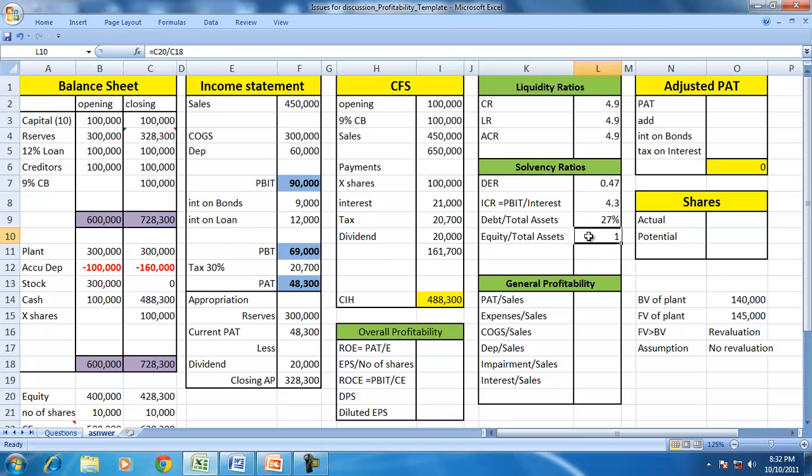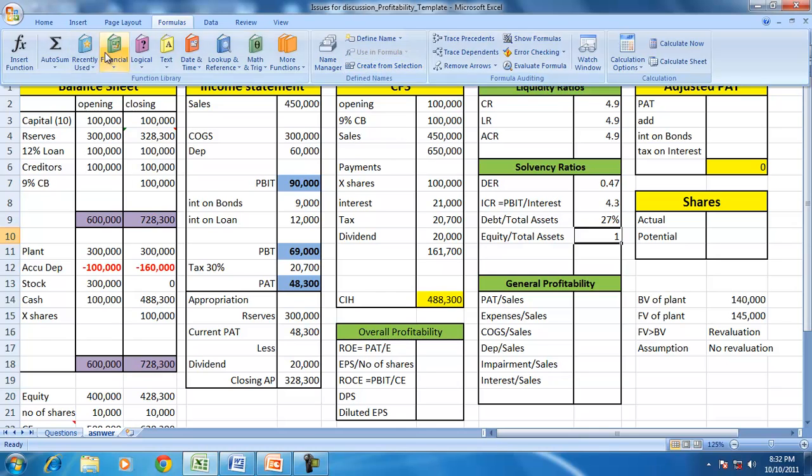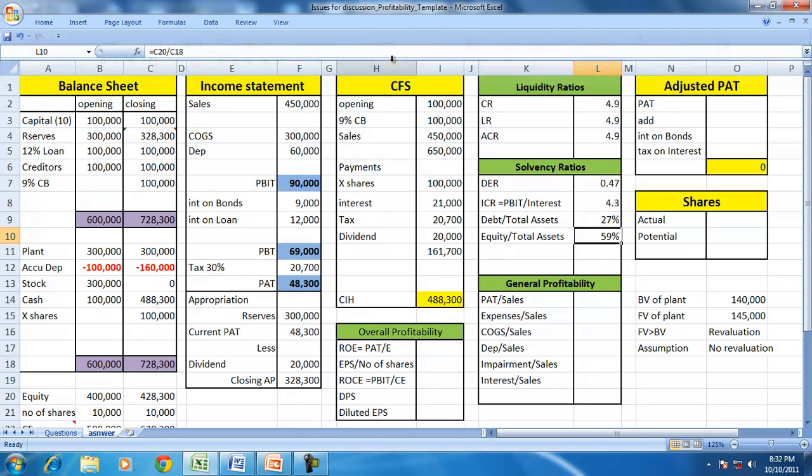So the equity is financing the business to the extent of 59%, and the current liability by total assets is financing the business for the balance assets.